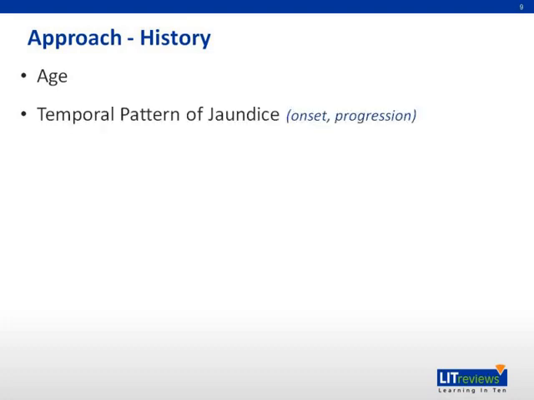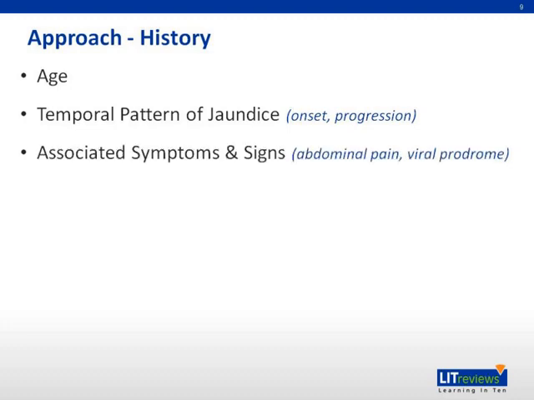The temporal pattern of jaundice can also provide clues, whereby an acute onset of jaundice with fluctuating presentation can point to cholangitis, whereas a chronic gradual progression of jaundice may point towards carcinoma at the head of pancreas. Associated symptoms such as the presence of abdominal pain, symptoms due to anemia, viral prodromal symptoms can help in the differential diagnosis. In addition, signs of obstructive jaundice such as pale stools and tea-colored urine are also useful.